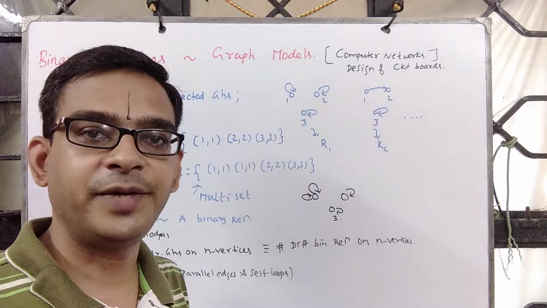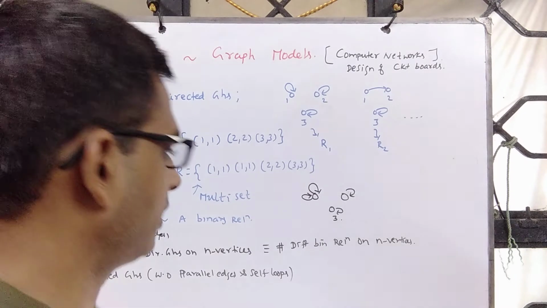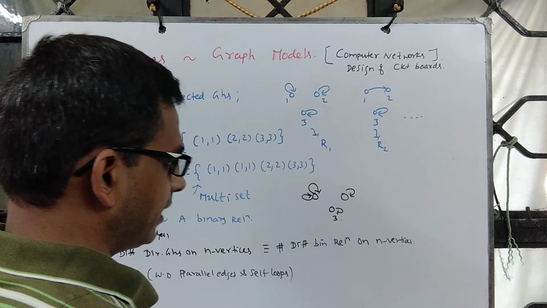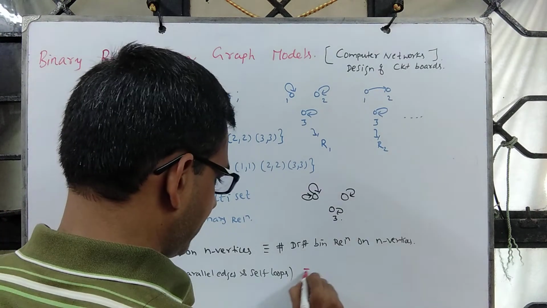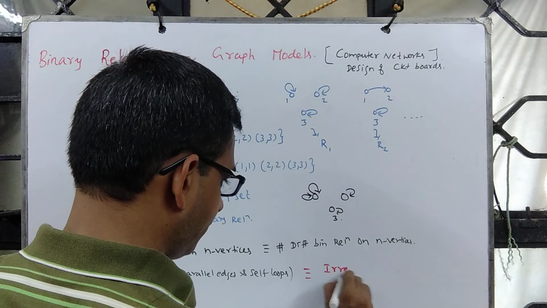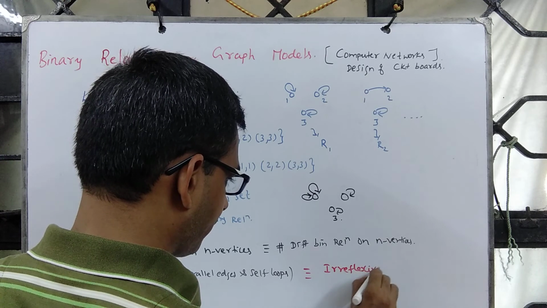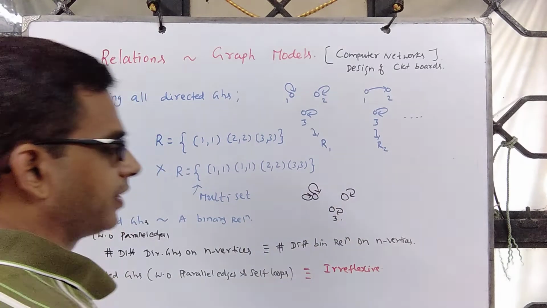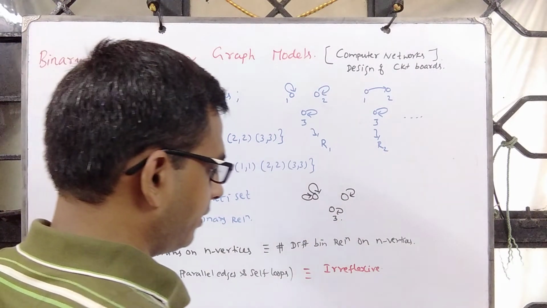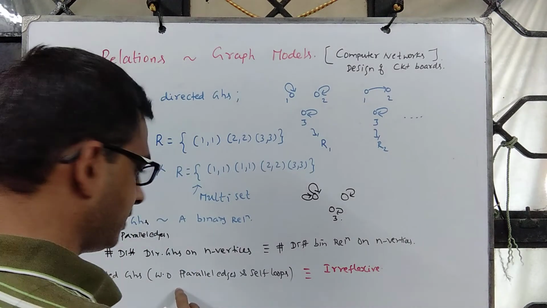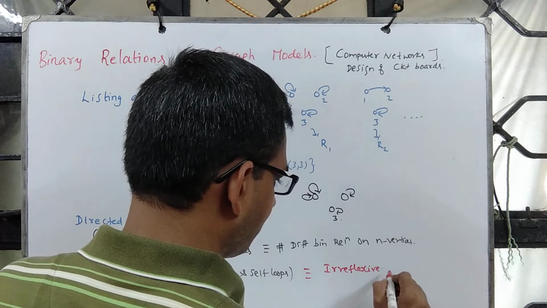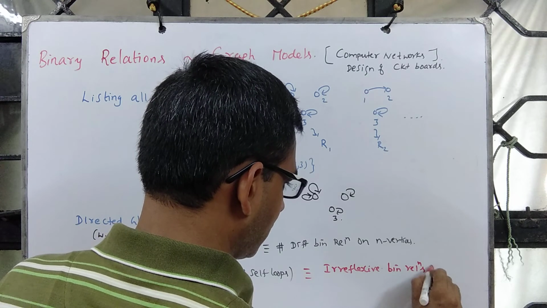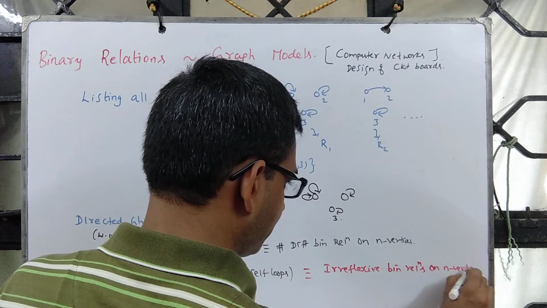Means for any element a, (a, a) is not allowed, that is, for all a, (a, a) does not belong to R. Such a relation must be irreflexive. So counting this is equivalent to counting the number of irreflexive binary relations on n vertices.